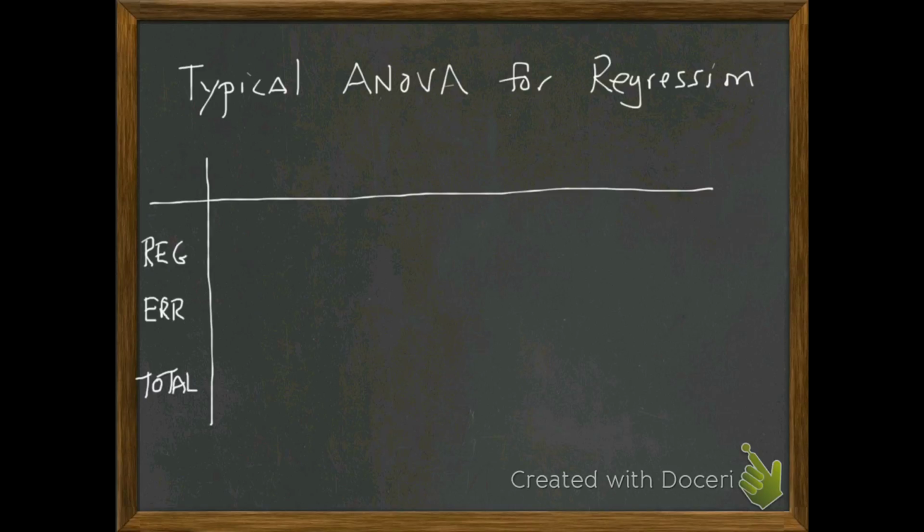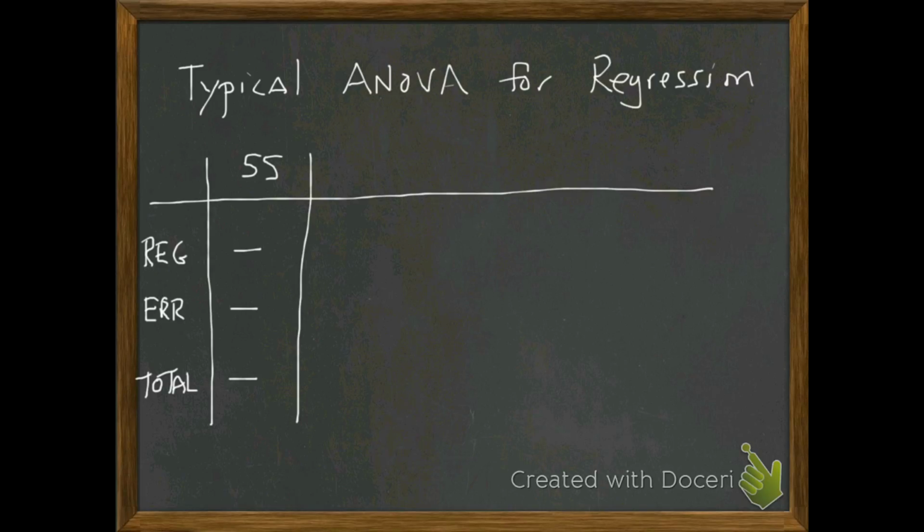This is the way I've seen the outputs in SAS and SPSS. To be honest with you, I don't like the way R does it, but hey, it's free. What it'll usually do is start out with the sum of squares terms, so we'll have a sum of squares here, here, and here.